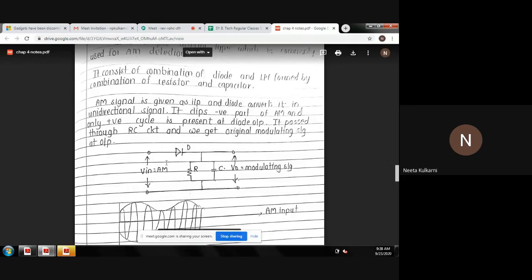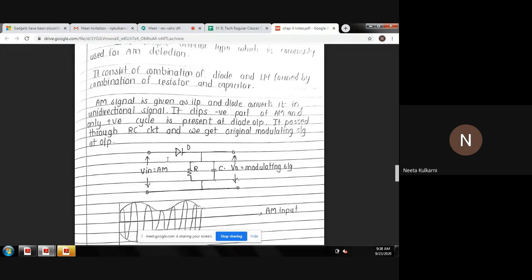So the basic input signal to that detector, it is AM signal. It is quite obvious. Basic input signal कुठला असणार आहे? AM signal असणार आहे. That AM signal is given to the diode. Diode, what is the function of diode? It passes the signal only in the one direction.